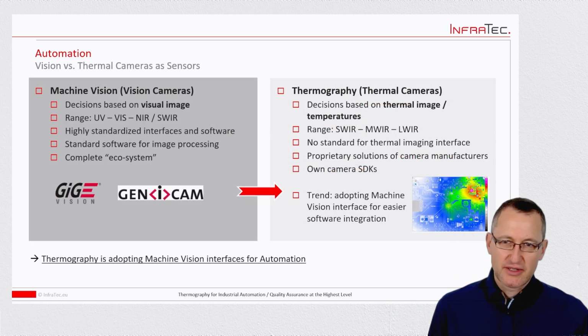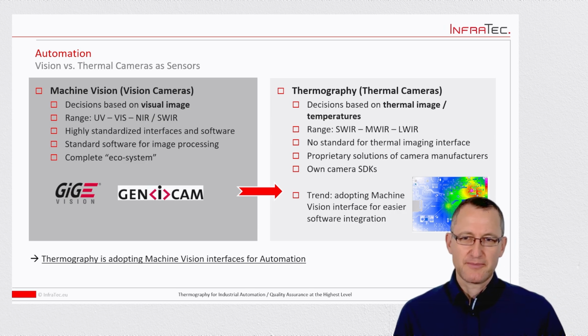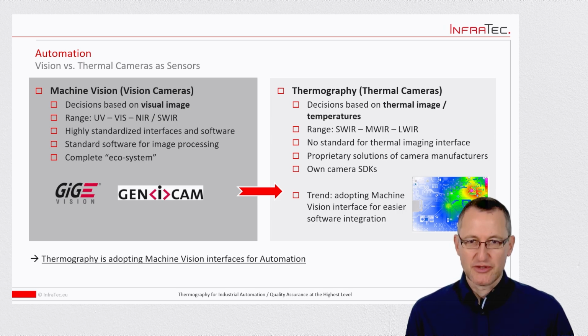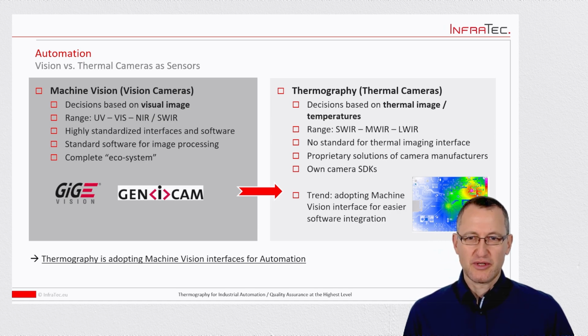I mentioned before machine vision and the machine vision cameras. They are based on visual image. It's typically a visible range, but it can be also UV. It can be also near-infrared, shortwave infrared.